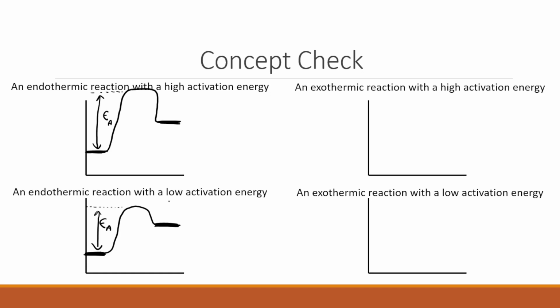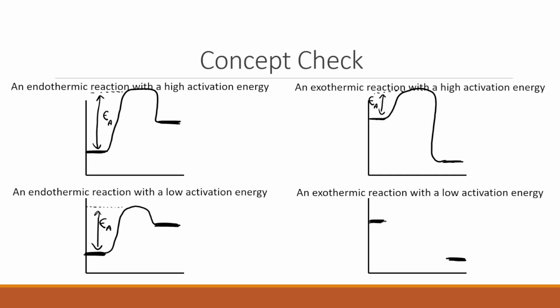The 2 exothermic reactions are going to start with higher energies for their reactants and end with low energies for their products because we are releasing energy. A high activation energy, just like before, means we're going to have a big bump and go down. All right, this is going to be our activation energy.